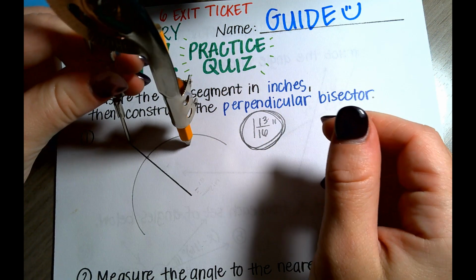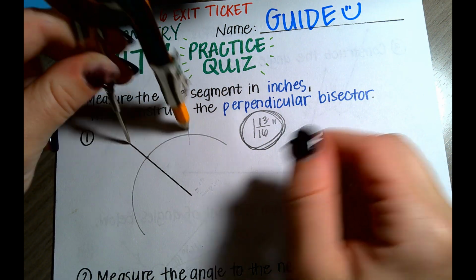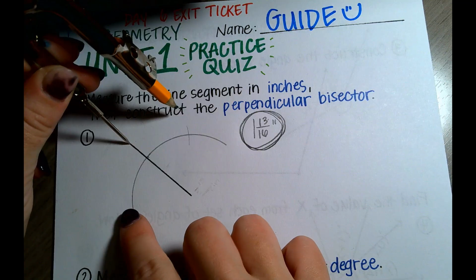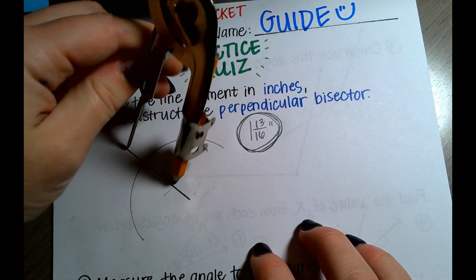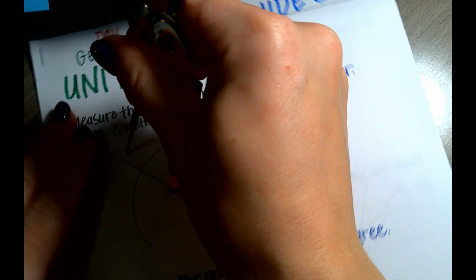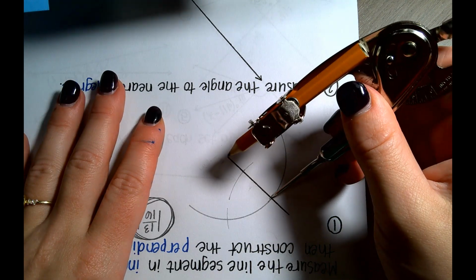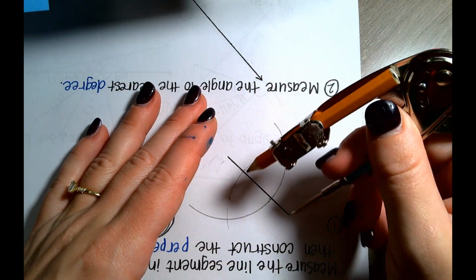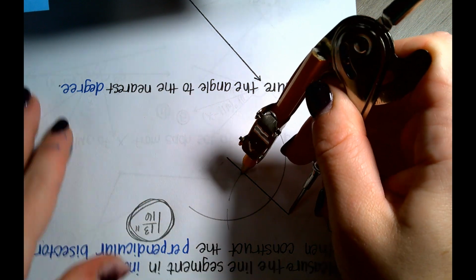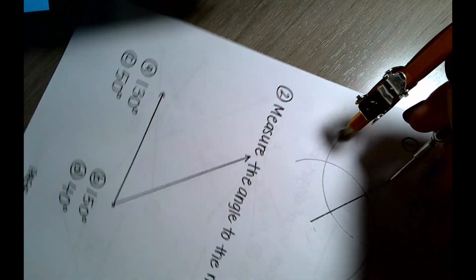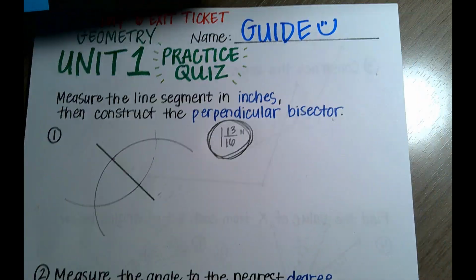Now you're really just needing the intersections right here and down here. You could draw the whole arc. You don't have to though. Let me turn my paper around. These are tricky. Oop. I almost did it wrong in front of you guys. There we go. Okay, so 2 arcs.